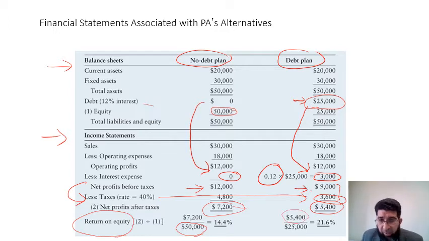We have a profit, but we only invested 25,000, half the amount. So we have a lower return on equity in the no debt plan compared to the debt plan, where we have higher return on equity. So this shows that we have more advantage if we borrow compared to the no debt plan. This gives us an idea why debt is an important part of financial statements, and their ratios are also to be seen and to be used in analysis quite largely.